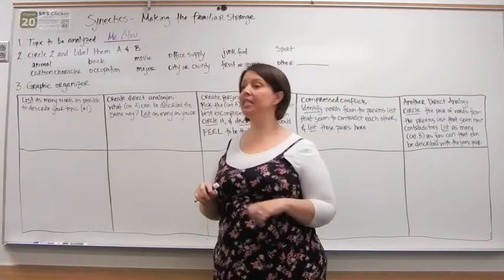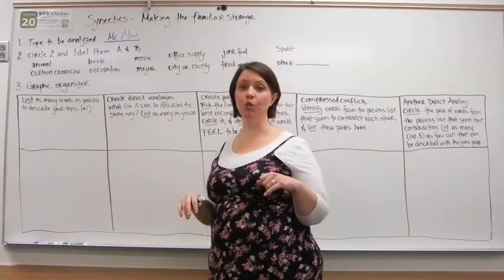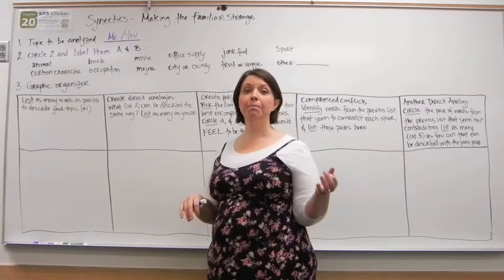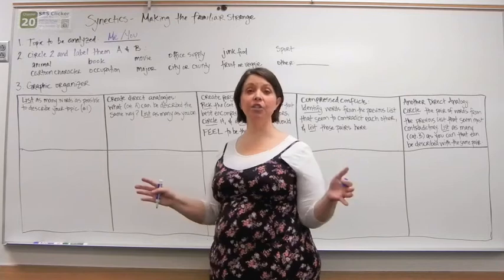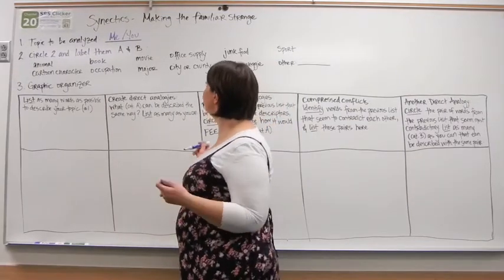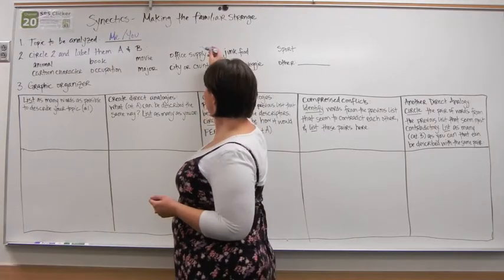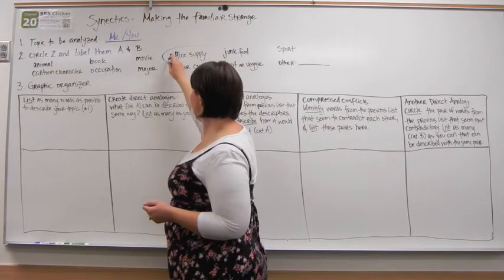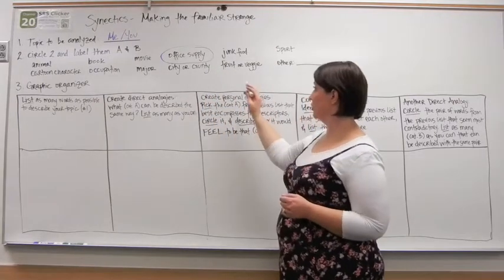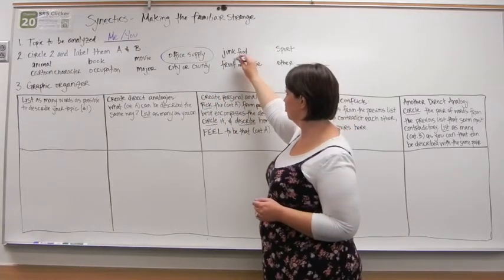All right, now, the next thing is you need to choose two different items here, and then we'll label them. It does not matter which two you choose. I'm going to choose two to use as an example, but you can choose any two that you want. So the first one that I'll circle is office supply. And then you'll see there's fruit or veggie, and I'll just do fruit.